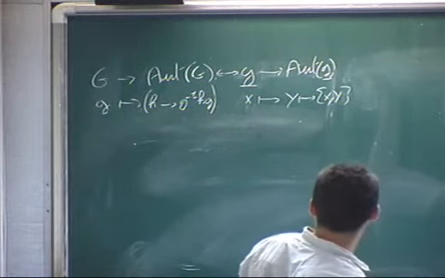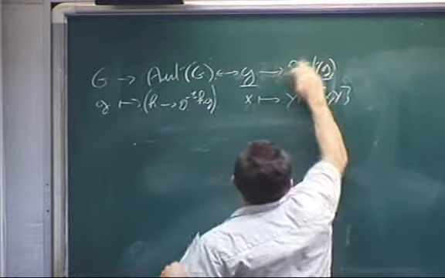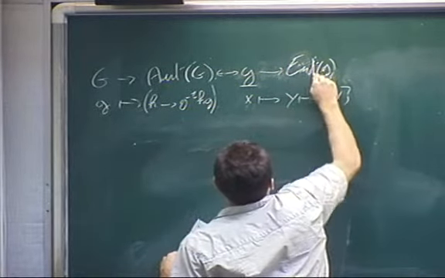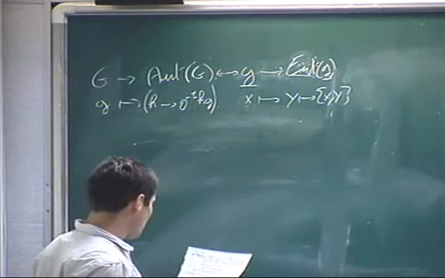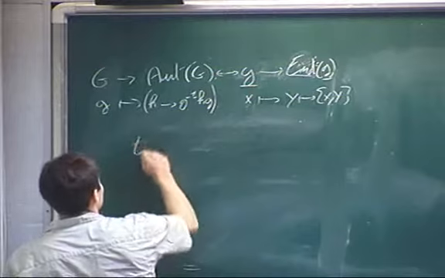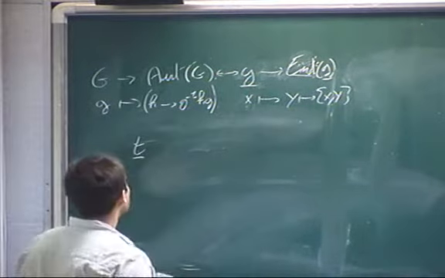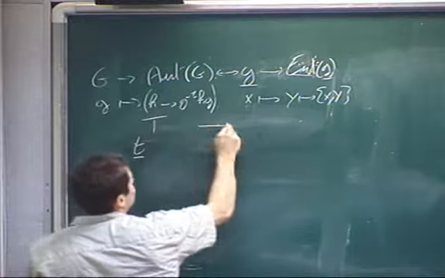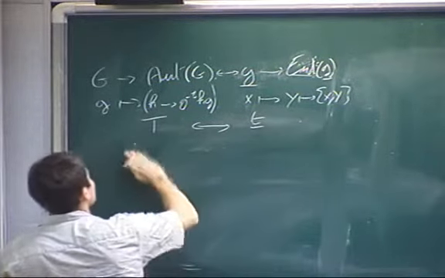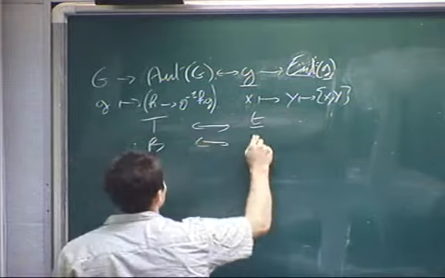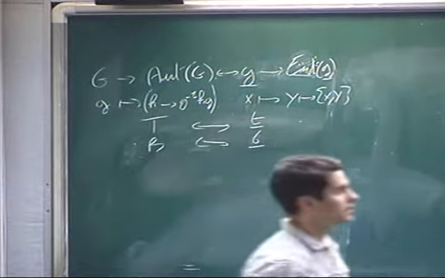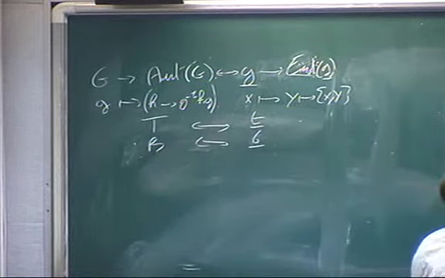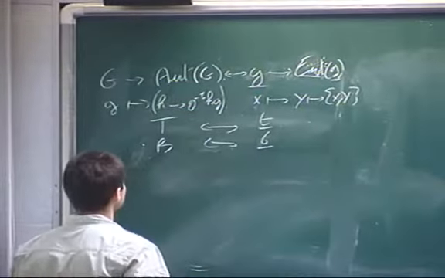Not automorphism of G, but endomorphism. So in particular, we can look at the Lie algebra of T, and we can do the same with B. For SLN, it will be the upper triangular matrices with trace null and the diagonal matrices with trace null.